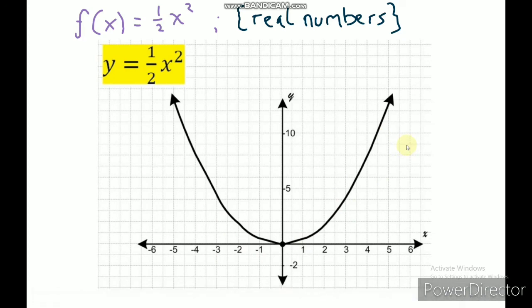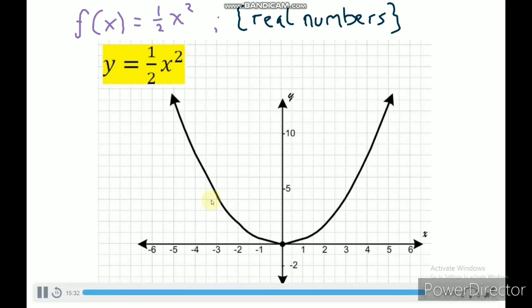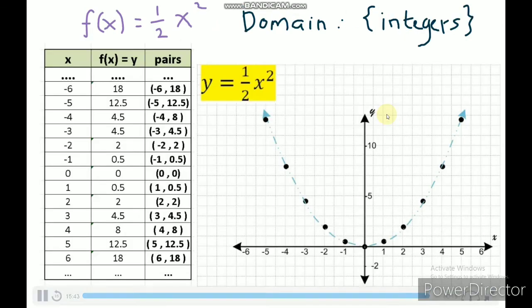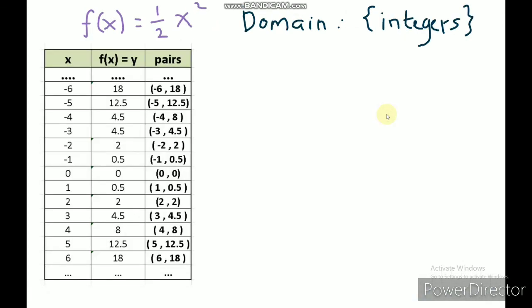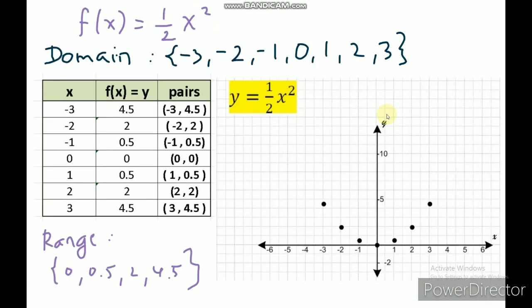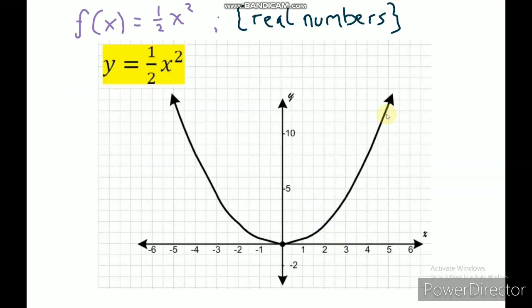The domain is all real numbers, and it continues with the same pattern in both directions. So see the difference? With the same function, you can have different kinds of graphs. So the graphs are the solutions based on the function itself and the domain.